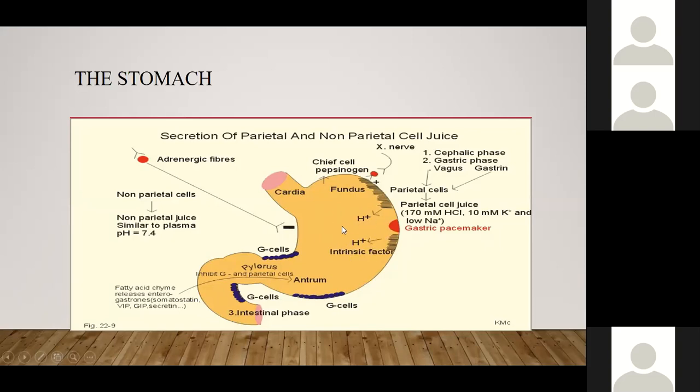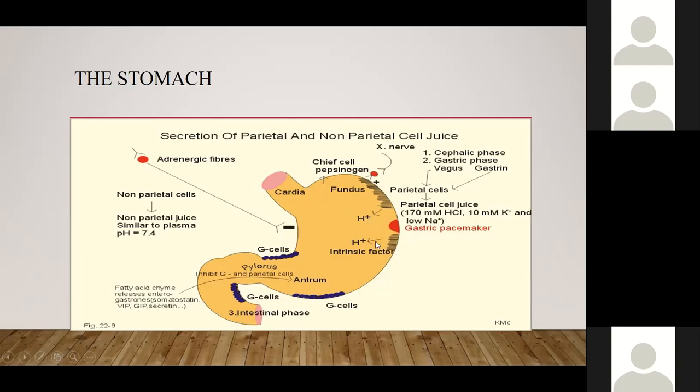It kills bacteria and all that. And then there are also cells we call the chief cells, which are responsible for making pepsinogen, which is converted to pepsin and is involved in protein digestion. Okay, so parietal cells, H+, chief cells, pepsinogen, protein digestion.